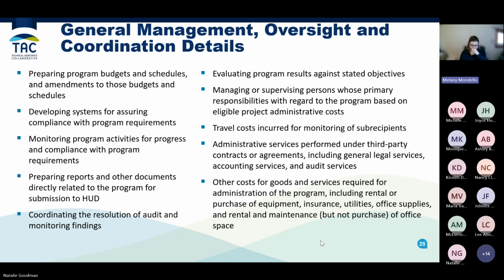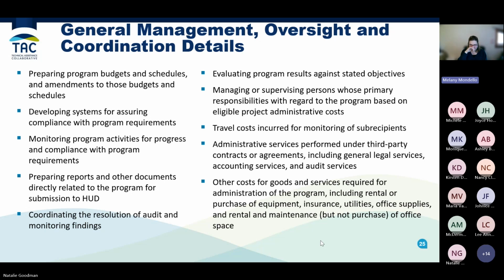If you have direct travel costs for people that are monitoring subrecipients, your mileage, the gas, all of that. If you rented a car, those types of things. And then these last two are catch-alls for things you're not directly doing, where you might be bringing in a contractor.